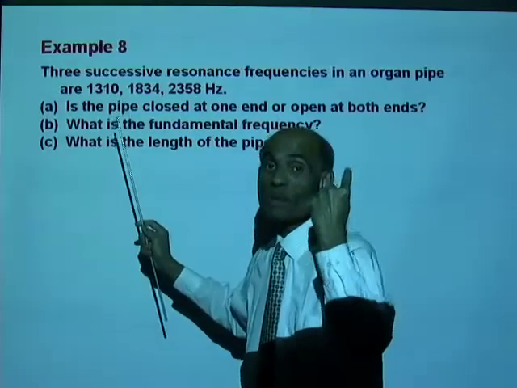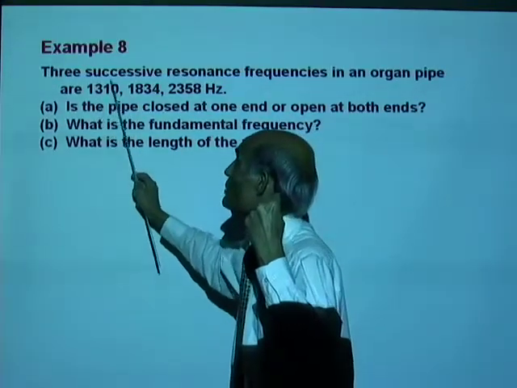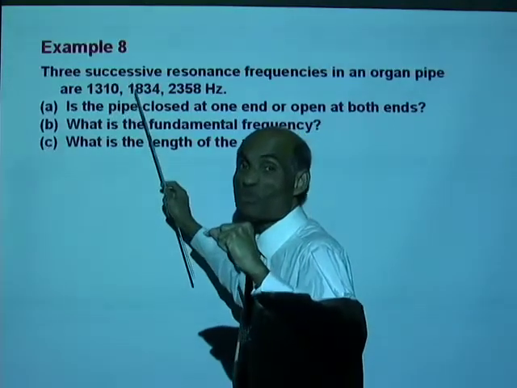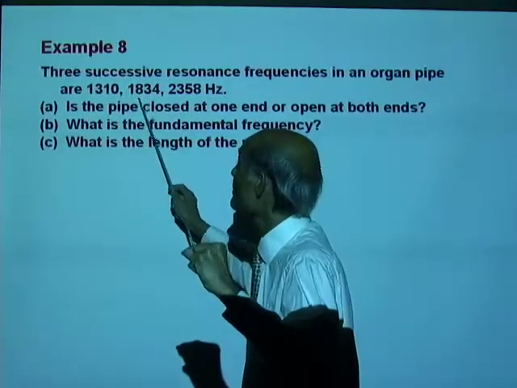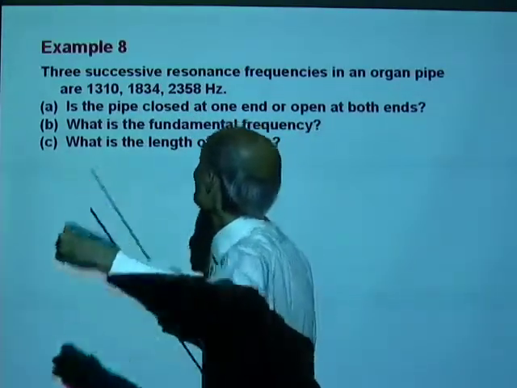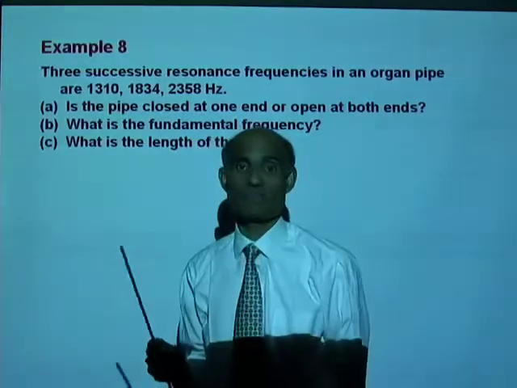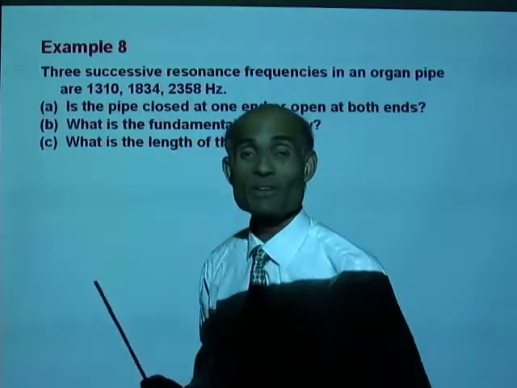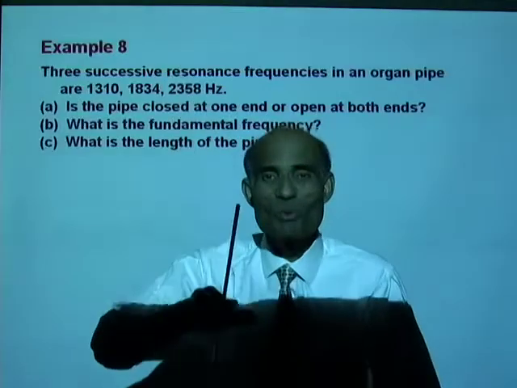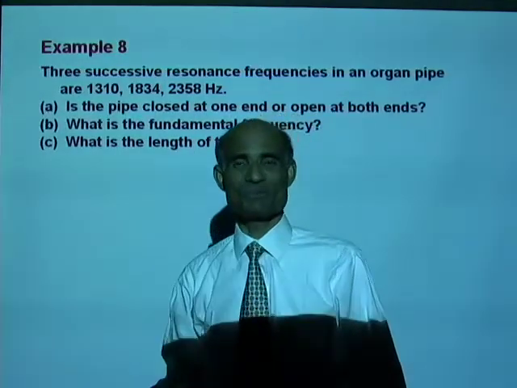The only thing we know is that if this is one frequency that resonates, the next frequency that resonates is this, and the next one is this. These are 3 successive resonant frequencies. You need to figure out these resonances are coming from an open tube or closed tube.